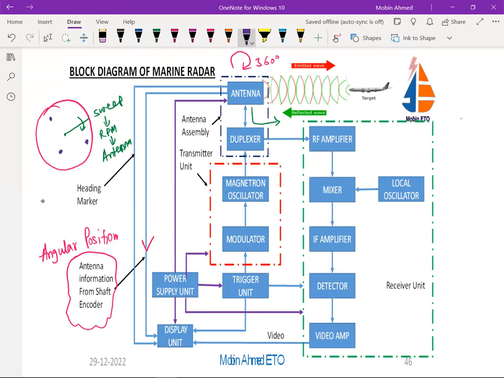If no target, nothing is going to appear. Again, this side a target is there, it is going to appear. So this appearing of the target direction is known as bearing. Okay, hope it is clear.